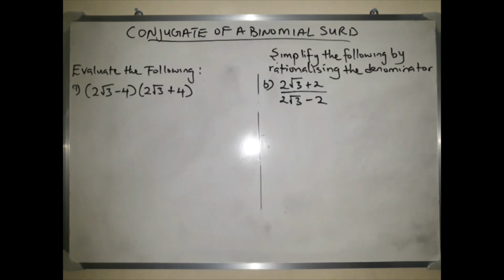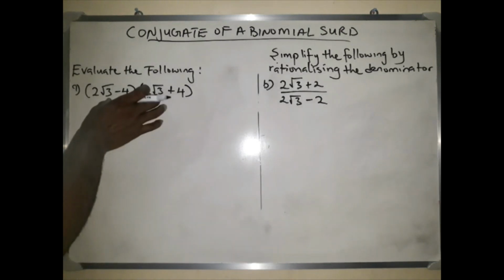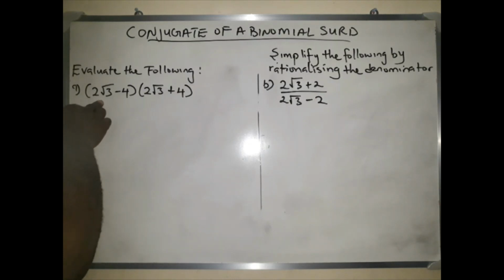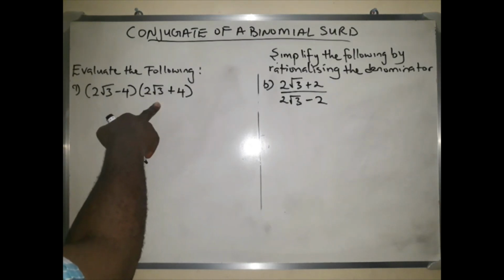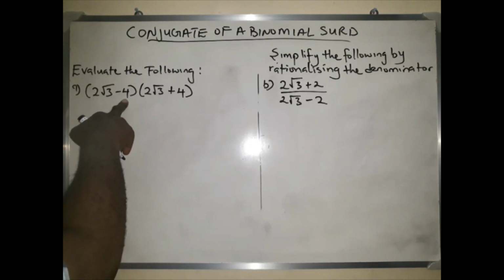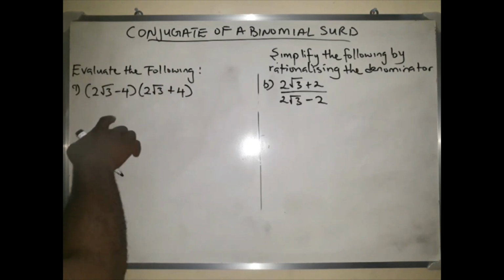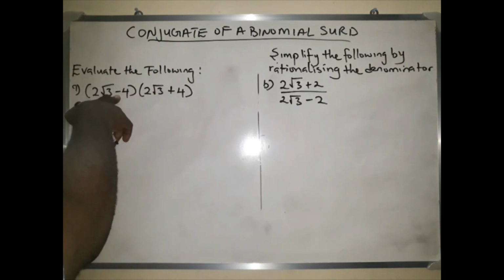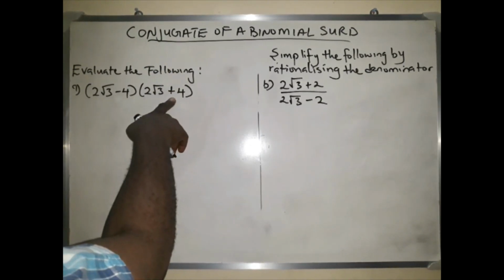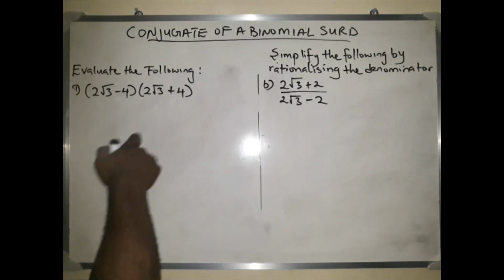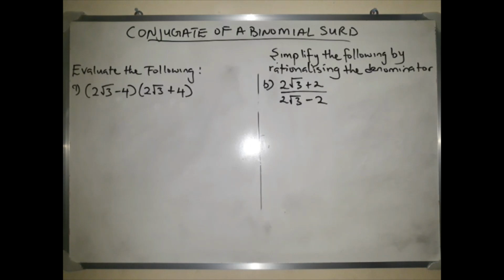If you look very carefully, you will find that what we have here is the difference of two squares. In the first bracket, we have 2 root 3, and in the second bracket, we also have 2 root 3. In the first bracket we have 4, and in the second bracket we have 4. The only difference is that in the first bracket we have a subtraction sign, while in the second bracket we have an addition sign. So this is a perfect example of the difference of two squares.